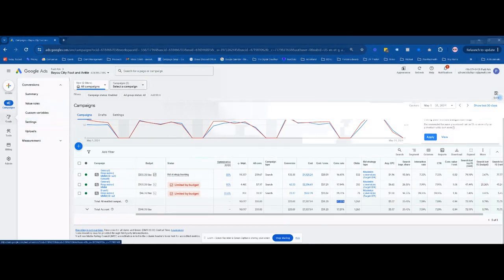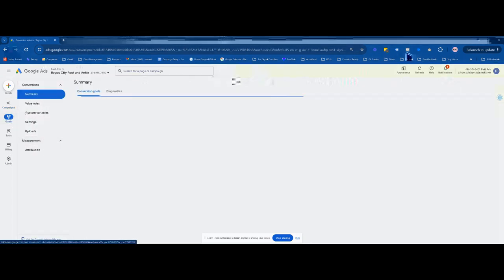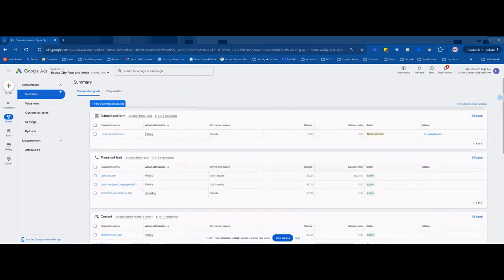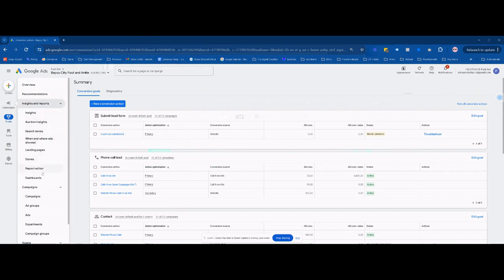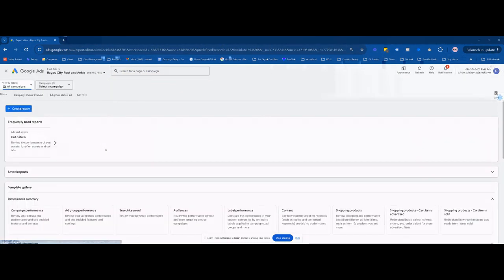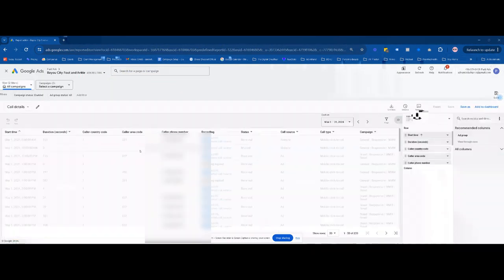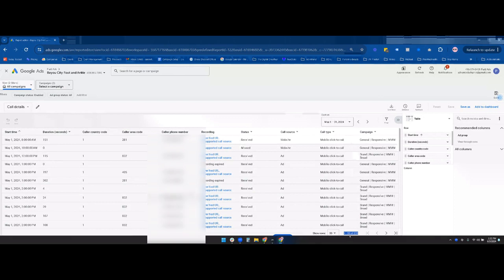And so even more, if we go to our goals and reports, I'm going to show you another piece that's really interesting. These calls, there was actually more than 225 calls.